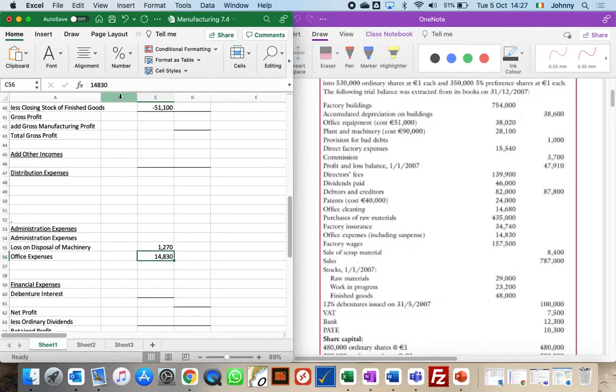Does that make office expenses bigger or smaller? If I credit office expenses, what type of account is office expenses? Asset, liability, expense, or income? Hint, it's in the name. It's an expense.